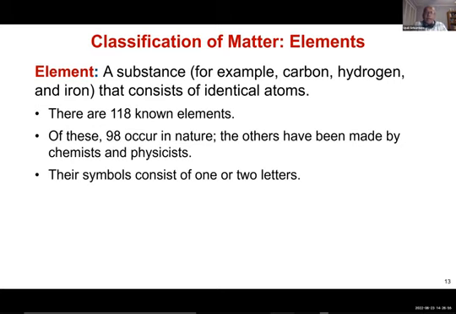Each element in the periodic table has a symbol, consisting of one or two letters. For example, hydrogen, the atomic symbol for the element is H. How do you get H for hydrogen? You use the first letter, which is H for hydrogen.